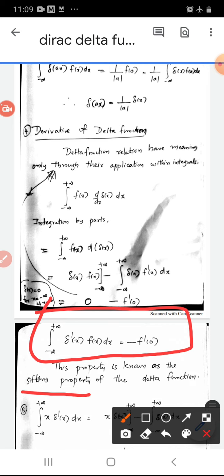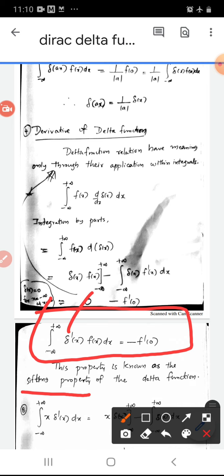Okay, so minus infinity to plus infinity delta prime of x f of x dx, that is equal to minus f prime of 0. Okay, so if you take this integral with a function f of x, you will be getting the negative of the derivative of the function at x equal to 0.